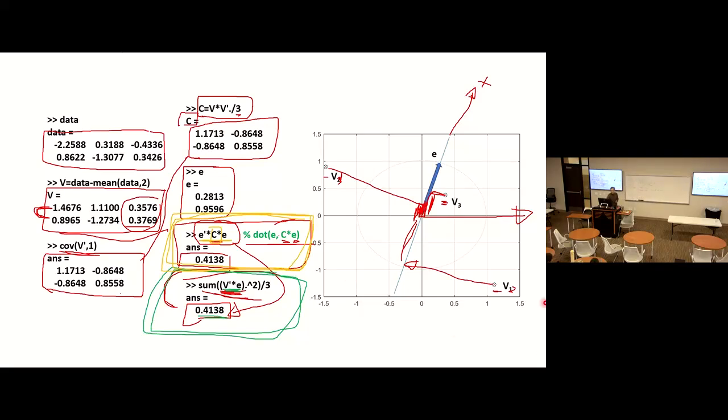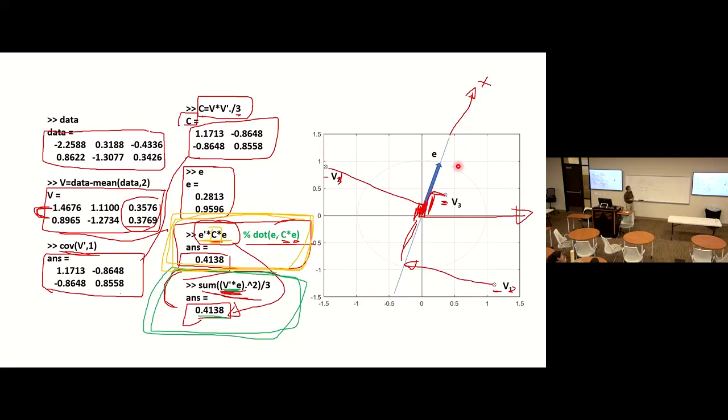I didn't draw the y-axis. I only show the x-axis, which is this vector E, that direction. Also, this has not been normalized, so it's longer. It should be on the unit circle. I can divide by the norm to get a correct version, but that only gives you the direction.